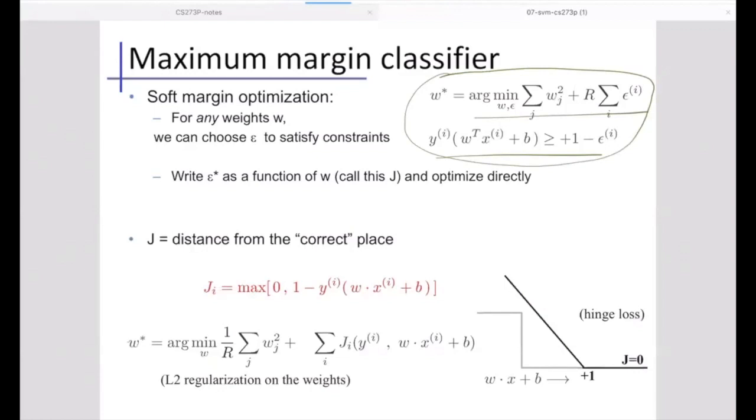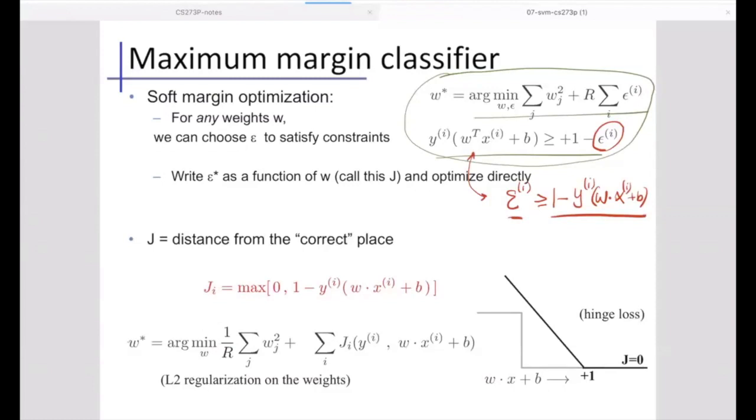Let's think about these slack variables. The constraint is saying that epsilon needs to be greater than or equal to 1 minus y_i (w dot x_i plus b). So the slack variables need to be greater than or equal to this number. That's what this constraint is saying.